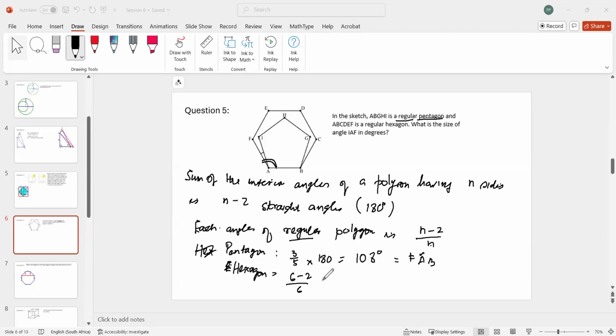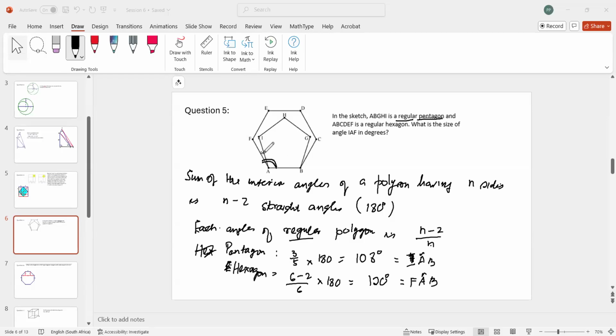That's 4/6 of 180, which is 120 degrees. So this is actually IAB, because it's the angle of the pentagon, and that's IAB. And now this is FAB, and that is 120.